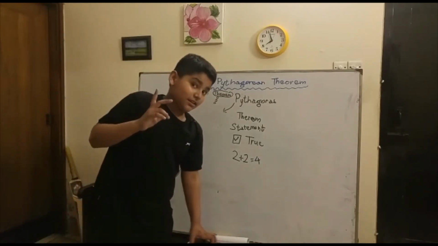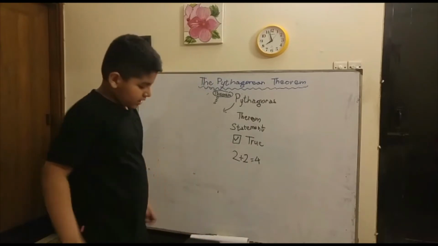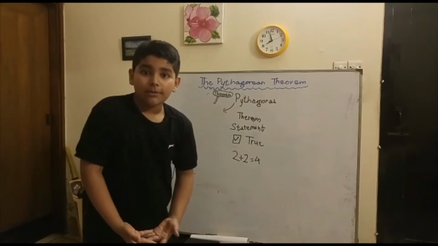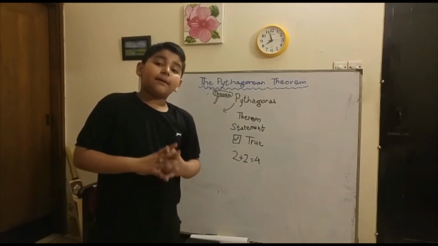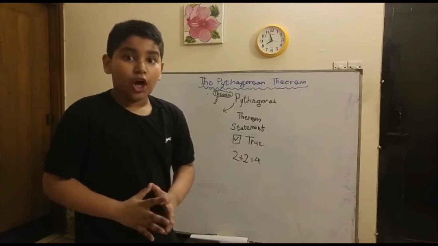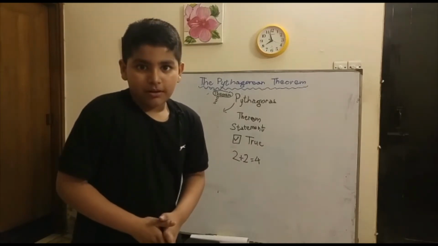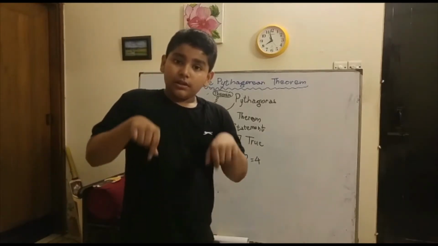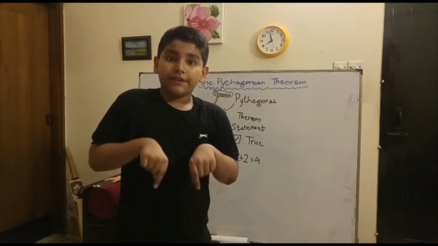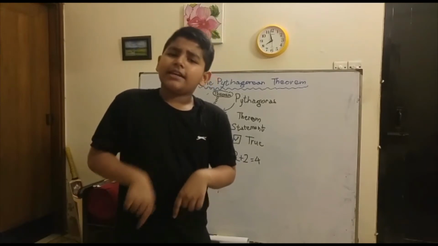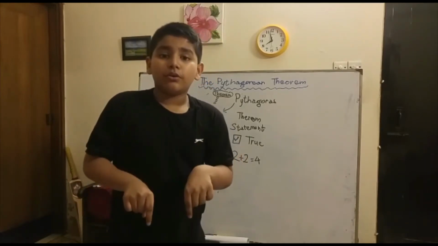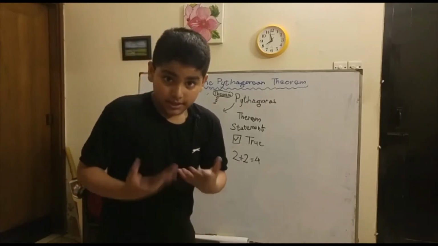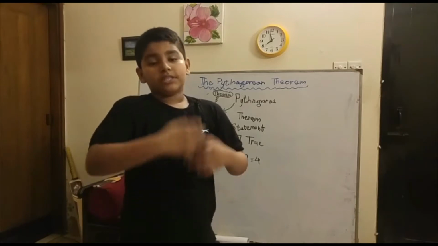Let's see how the Pythagorean theorem goes. Sure, this is about geometry, but we will need some basic background knowledge of algebra. In the link in the description below, I'm going to list all the algebra videos I have that will be, inshallah, helpful for you to understand this theorem if you forgot those things or you didn't see them.